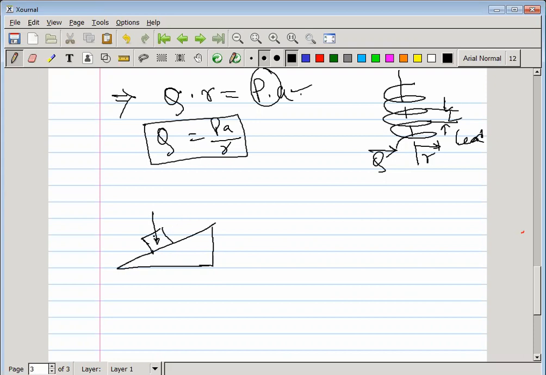Suppose this is the weight of any body, and this is your Q, this one, acted in this direction.